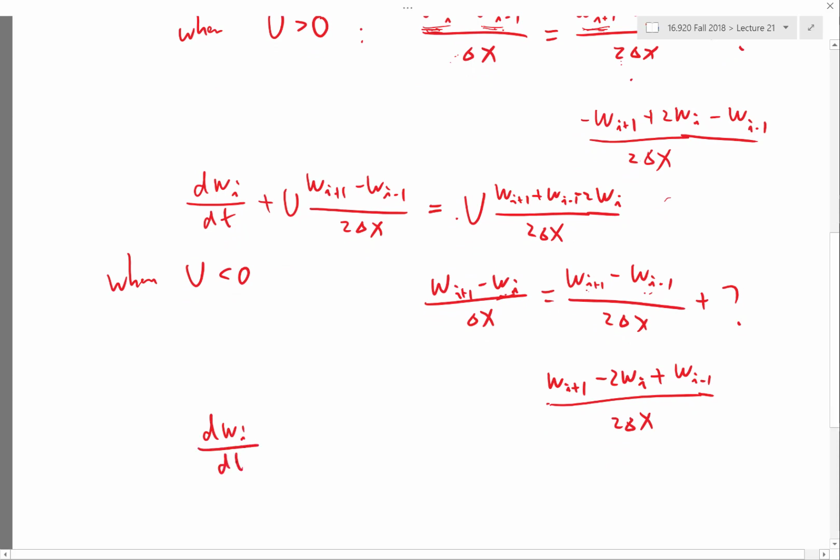So the result is dw_i/dt plus the same central difference operator, but I have a negative sign on this.